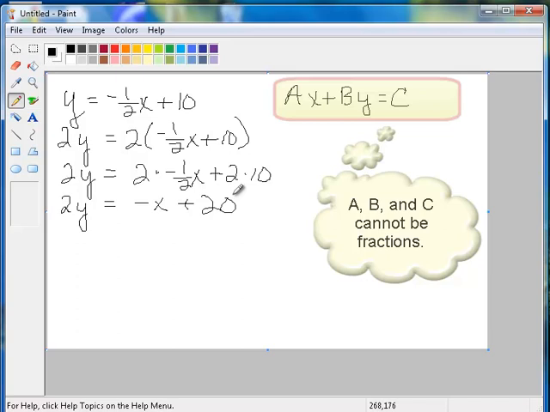But we still need the x variable on the left-hand side of the equation, along with the y variable, to be in standard form. So to do this, we will add x to both sides of the equation.